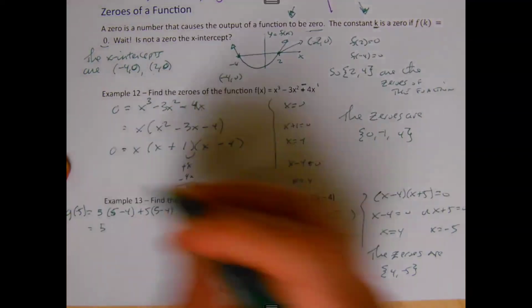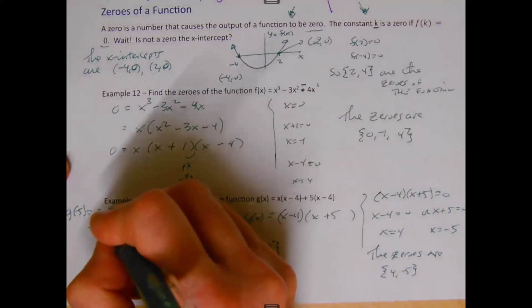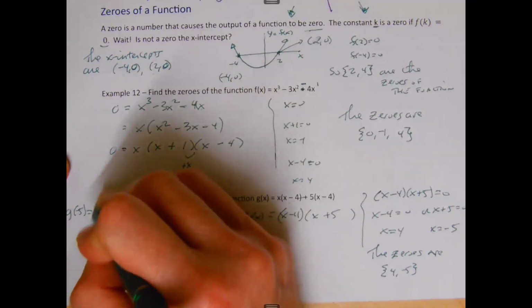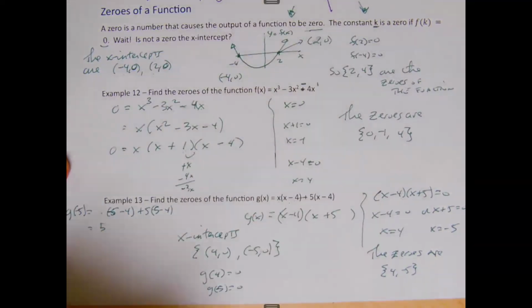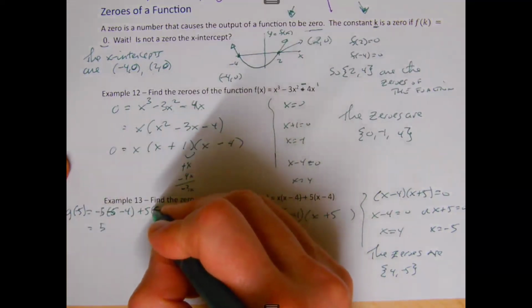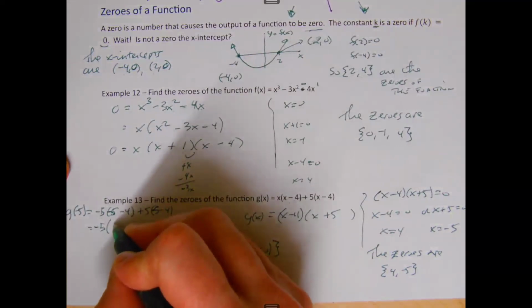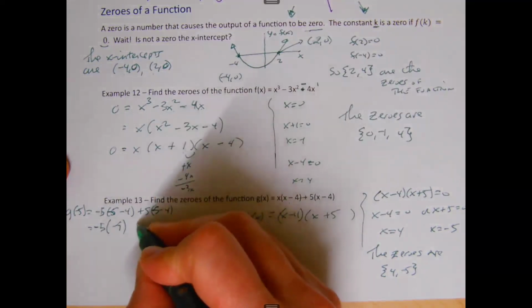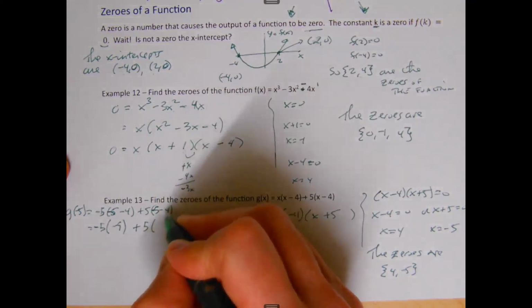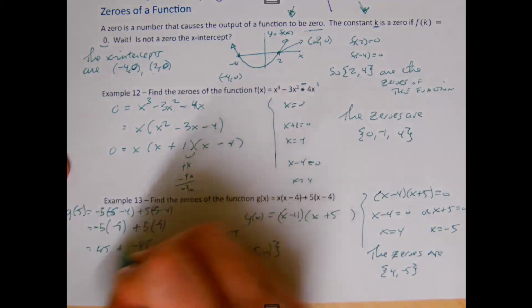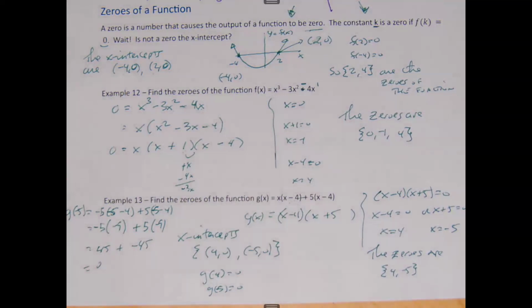Sorry, it should be entering -5 here. So I have -5 subtract 4, which is -9. And here -5 subtract 4 again is -9. So I get 45 plus -45, and then that gives me a 0.